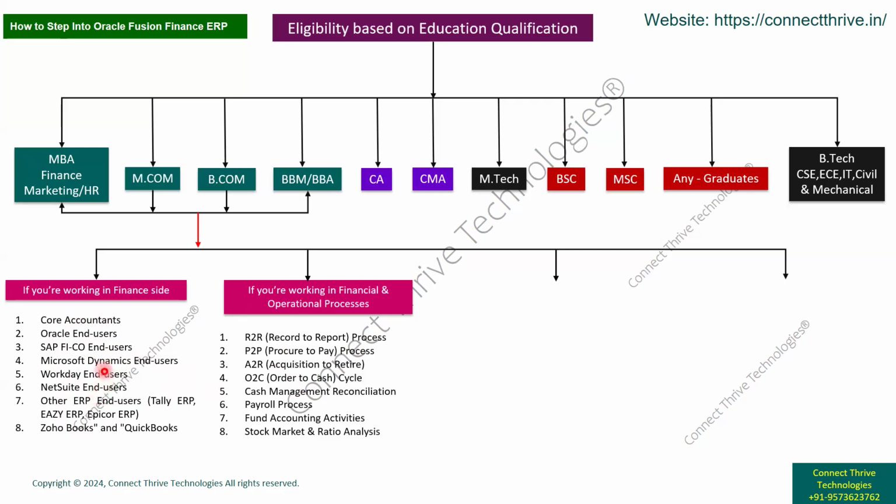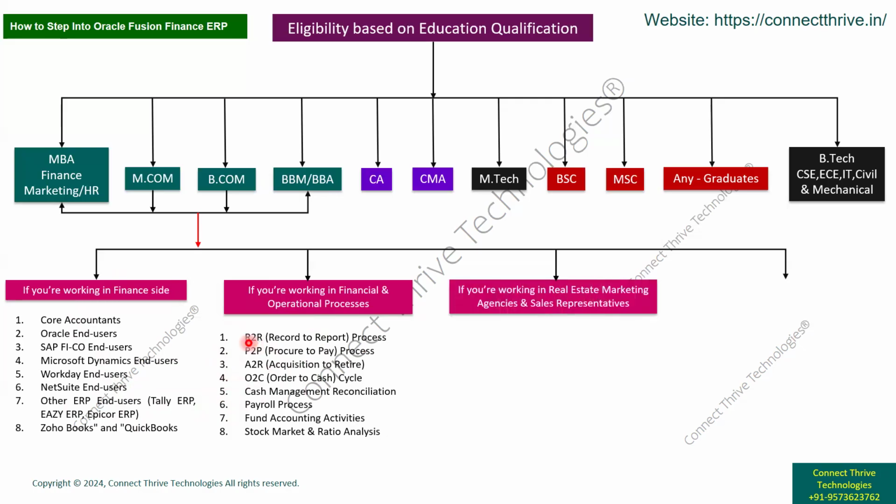But if you have the same 10 years of experience as an ERP finance functional consultant, the minimum package is 20 to 30 lakhs. So you can just assume how much difference there is. That is the reason why, if you are working as an end user, you can opt in for this course and start your career as a functional consultant.